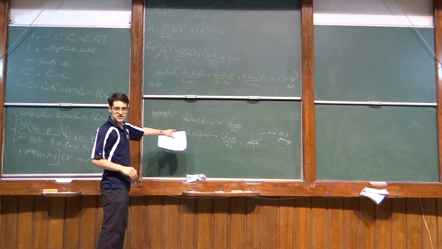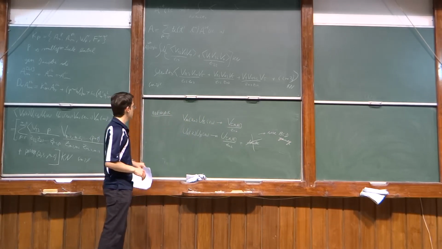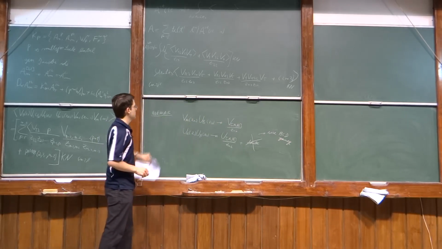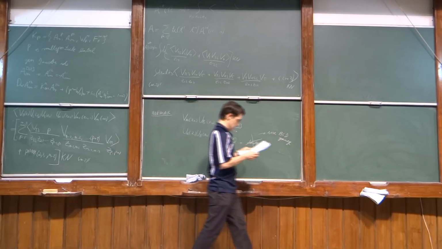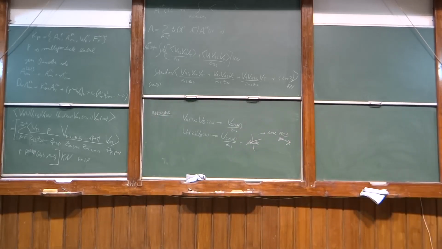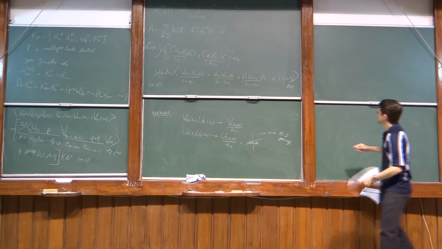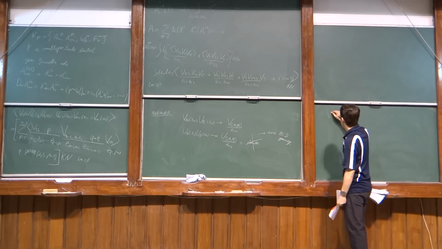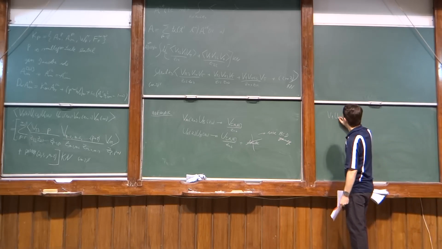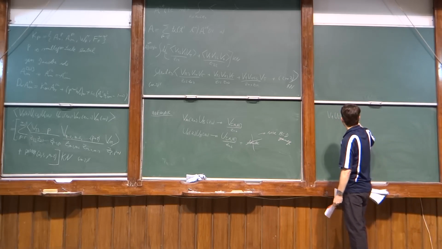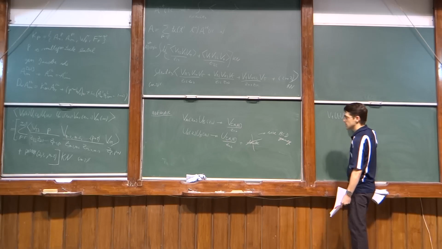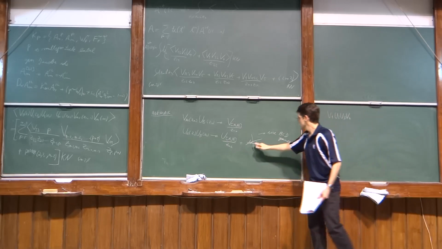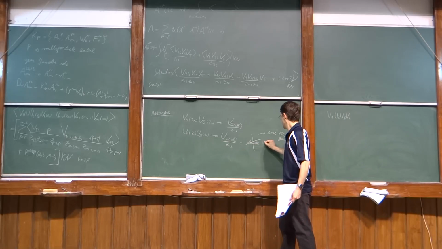So let's just see how this works in practice to derive that. Say, for example, we want to compute the 5-point. Oh, it's the double pole.